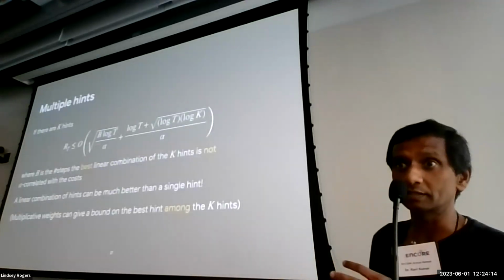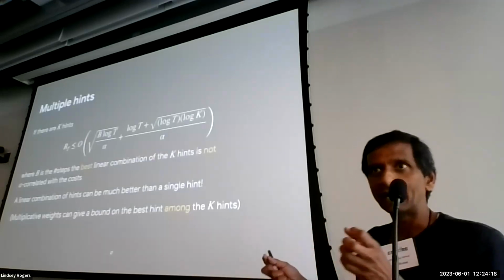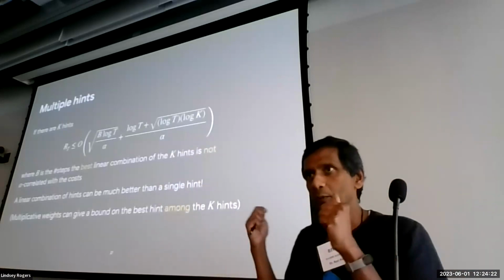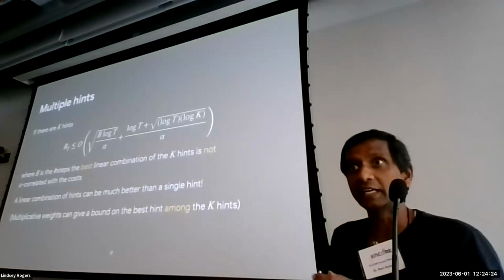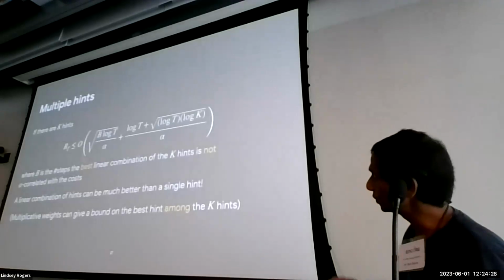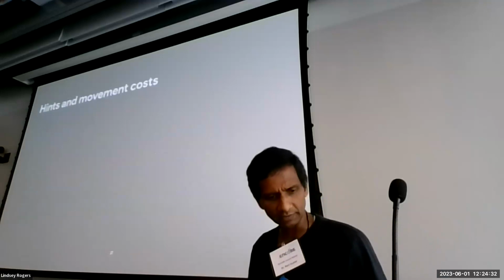This is a much stronger result, because a single hint by itself may be bad, but if I am magically able to combine all these hints into a different linear function, then maybe that's better. And this bound shows that you can actually get it.